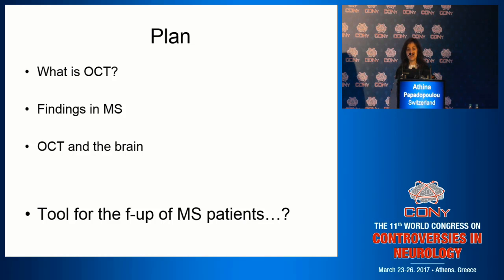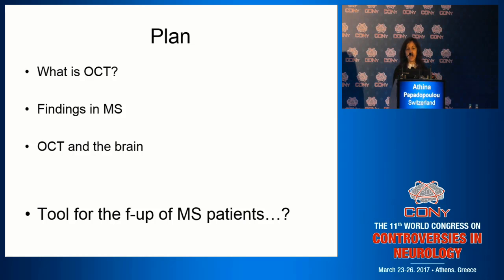And I think regarding the inflammatory changes, the activity of our patients, we are not that bad because we have the relapses and we examine them, and we also have the MRI with the new lesions or with the active lesions, and these are really good measures of activity.